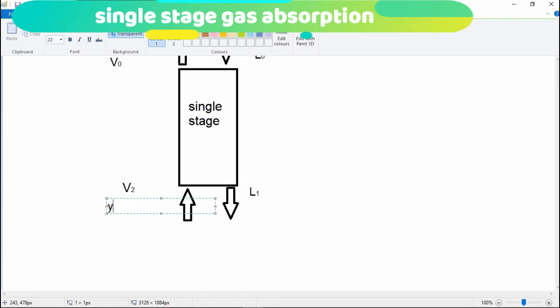So you just write down the denotation first. It is YA, YB, and YC.